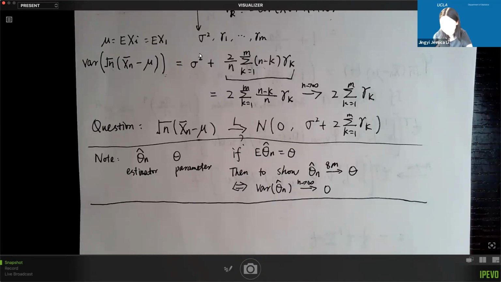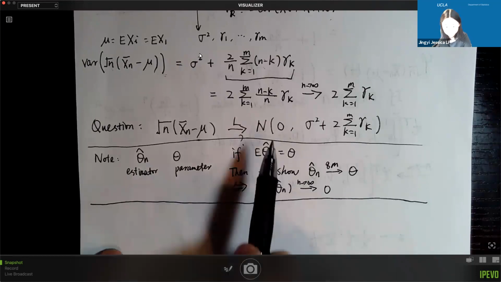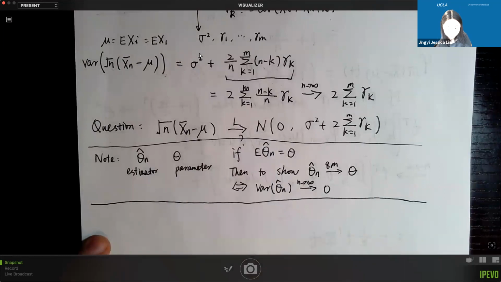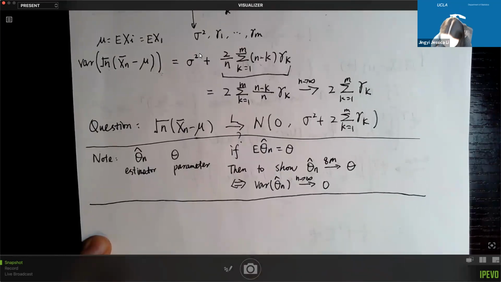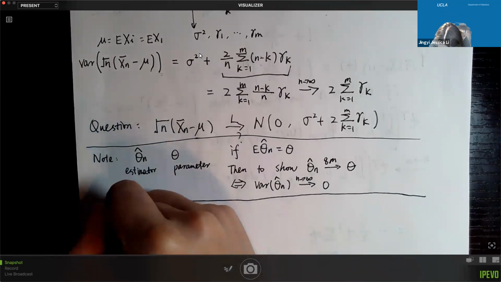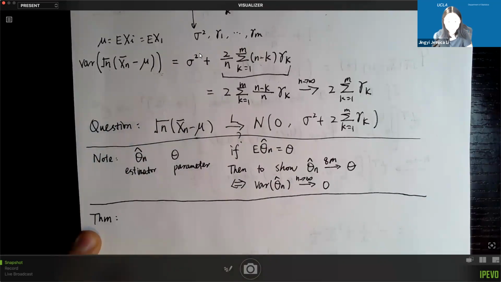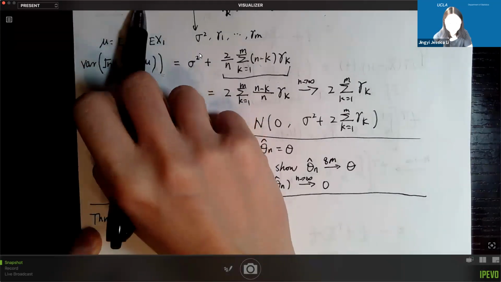Okay, so now let's come back to our theme, the theorem regarding this important result. I already have the statement. So, theorem. We have two conditions regarding stationarity and M dependence.